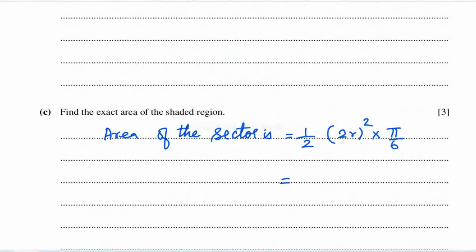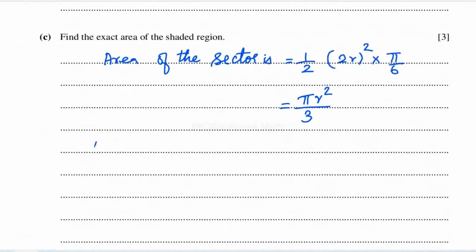In the numerator we will get 4r square divided by the denominator 12. So this can be written as pi r square divided by 3, just the area of the sector.